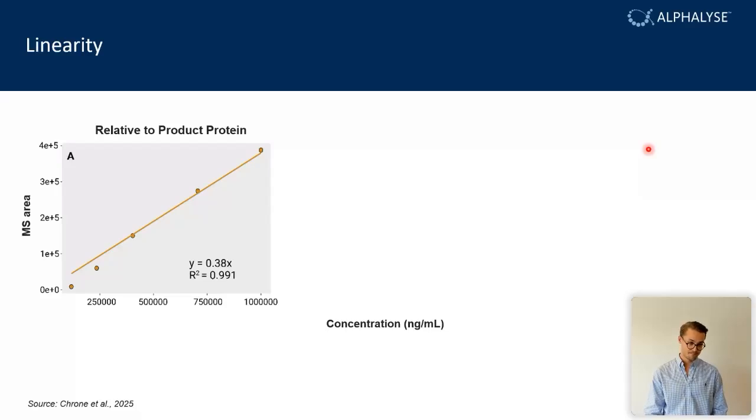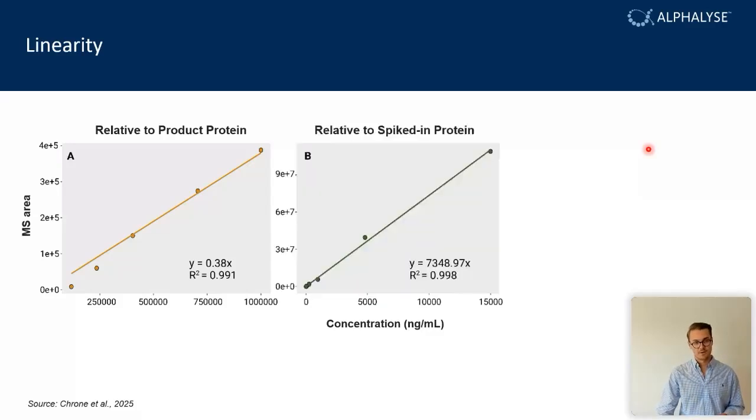Here we have the concentration on the x-axis and the MS area on the y-axis, and we see for method A, relative to product protein, that it has an acceptable R-squared value or linearity across at least 5 points. There is a little bit of trouble at the start, but overall it still passes the criteria we set up.